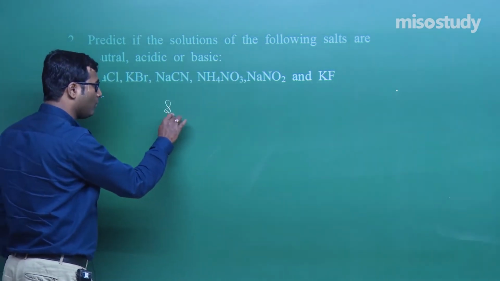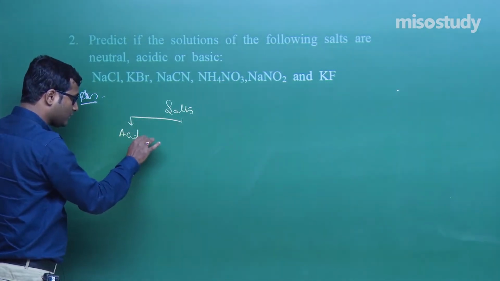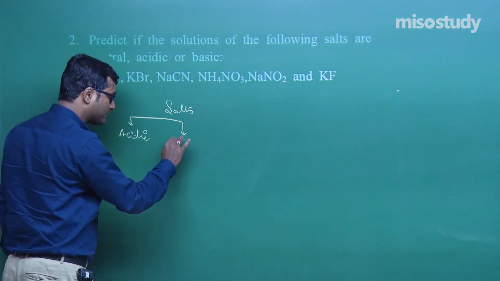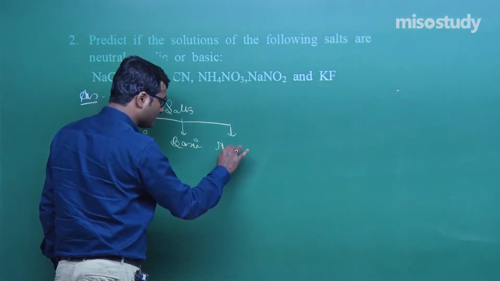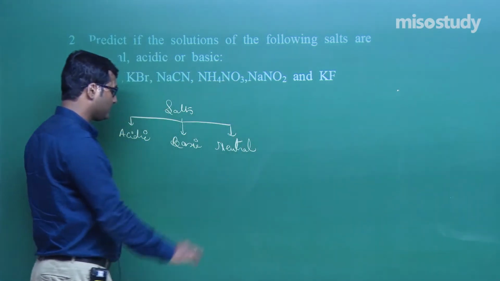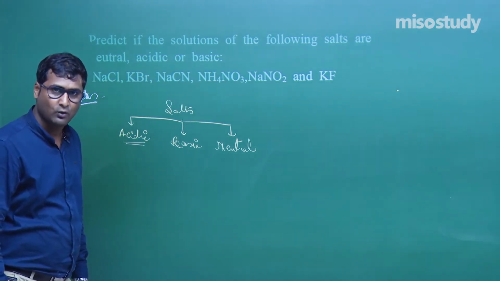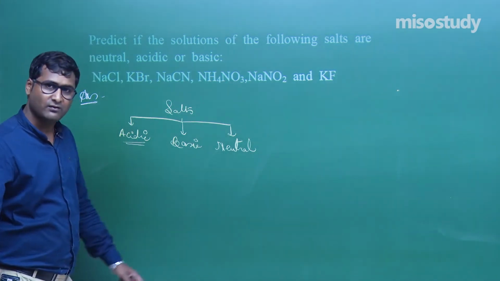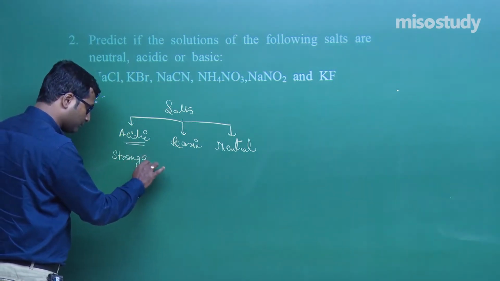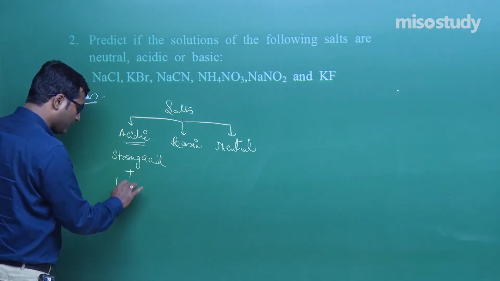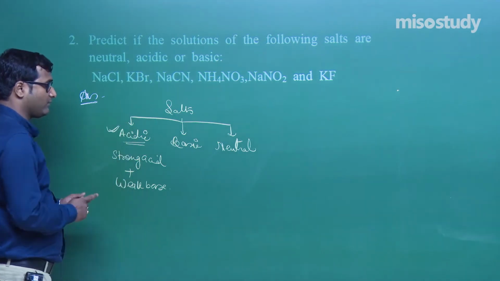As we all know, salts are of 3 types: acidic salt, basic salt, and neutral salt. When acid and base combine, they form salt. If the acid is strong and the base is weak, then we get acidic salt, my friend.